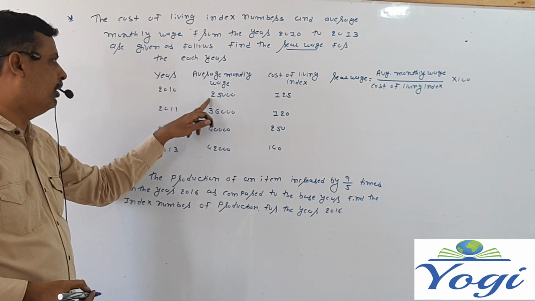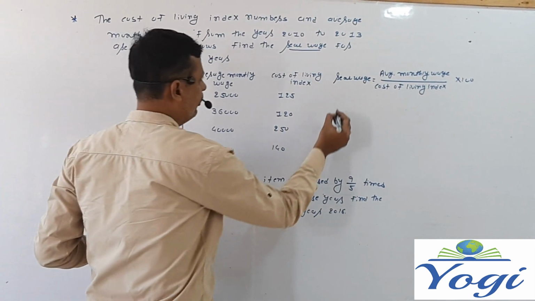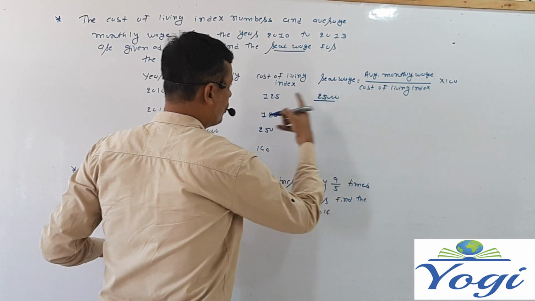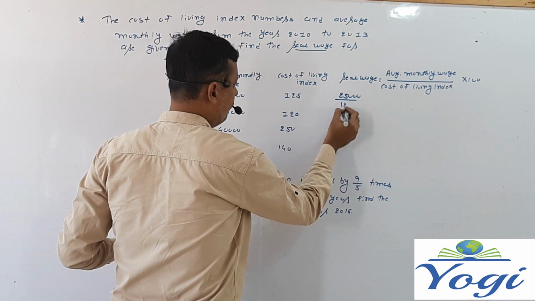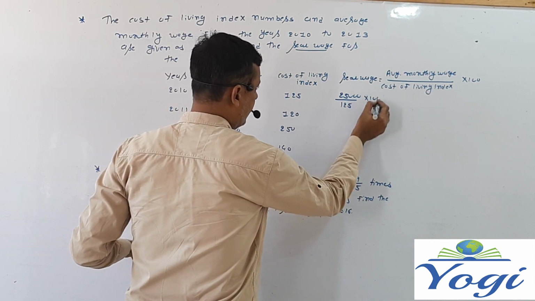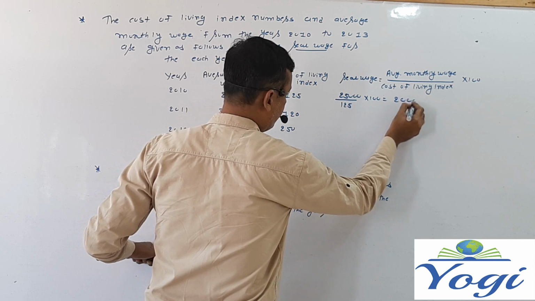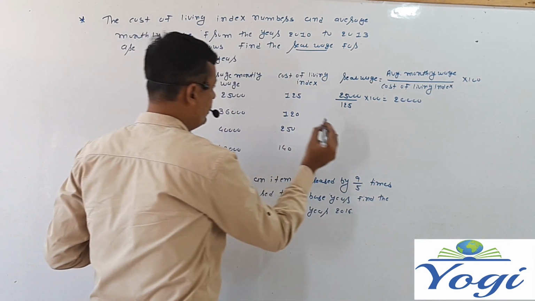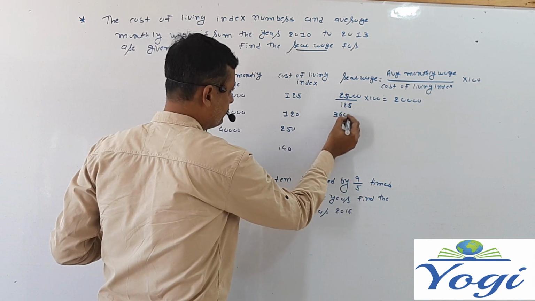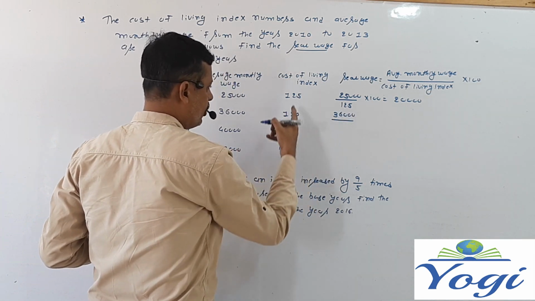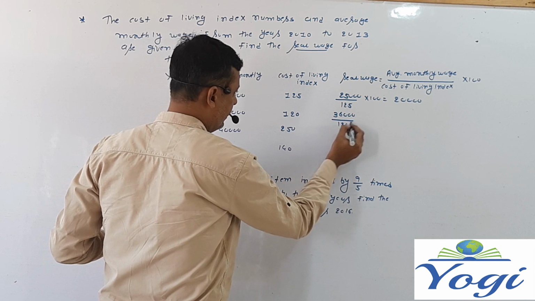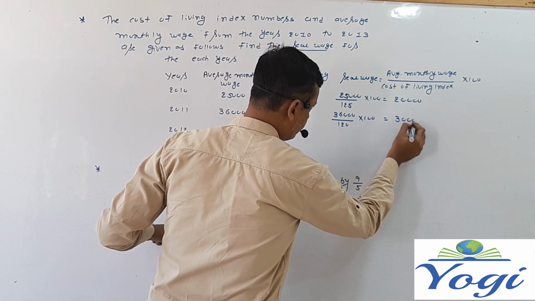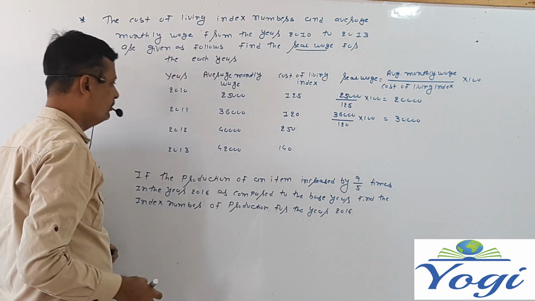So the average monthly wage is given as 25,000 upon the cost of living index 125 into 100, which becomes 20,000. Here the average monthly wage is 36,000, the cost of living index is 120, into 100 becomes 30,000.